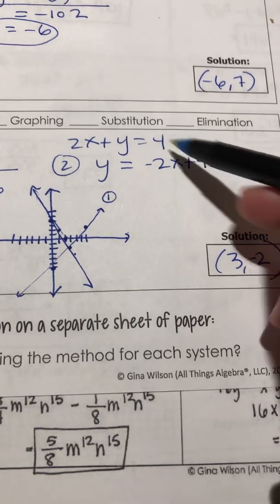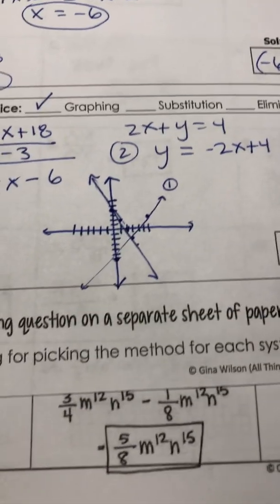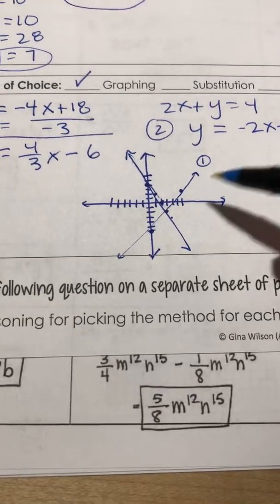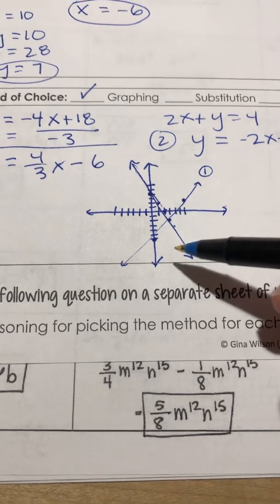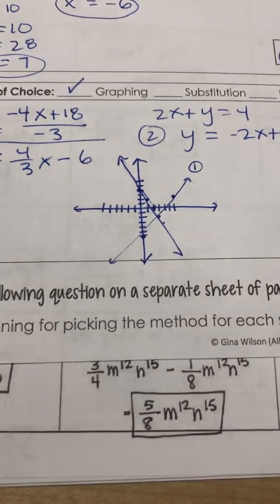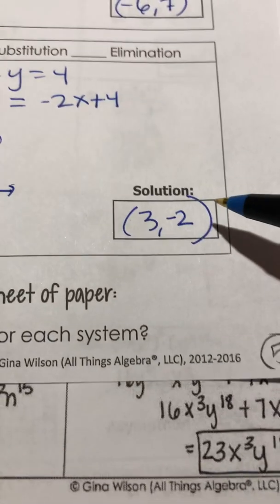So I end up with negative 2x plus 4. And again, I want to get it in that form. And then I ended up making a makeshift kind of grid here, and I did some of the tick lines. And I ended up showing my graph, and the solution ends up being 3, negative 2. Okay, so there is that page.